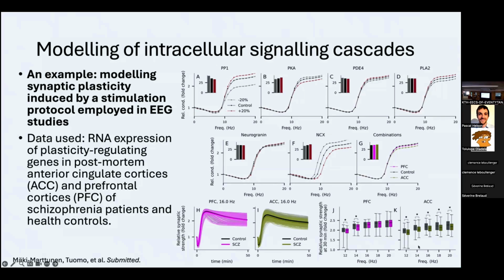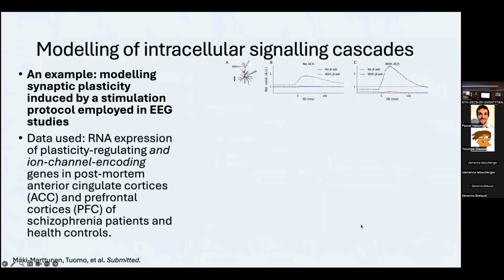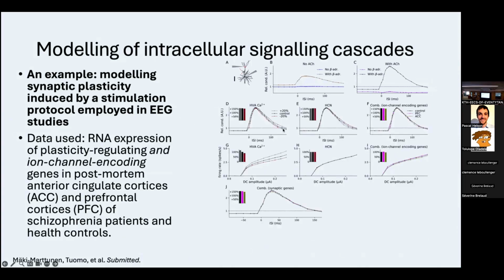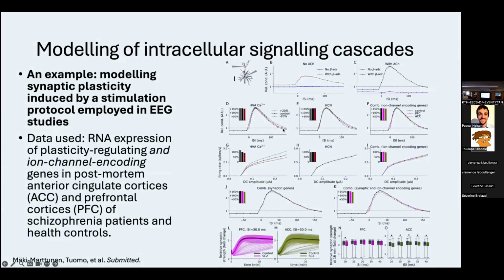And we find that in ACC indeed it is quite strong. For PFC only in some stimulating frequencies. And we did the same for STDP. Maybe I'll skip most of this in the interest of time. And the same result.